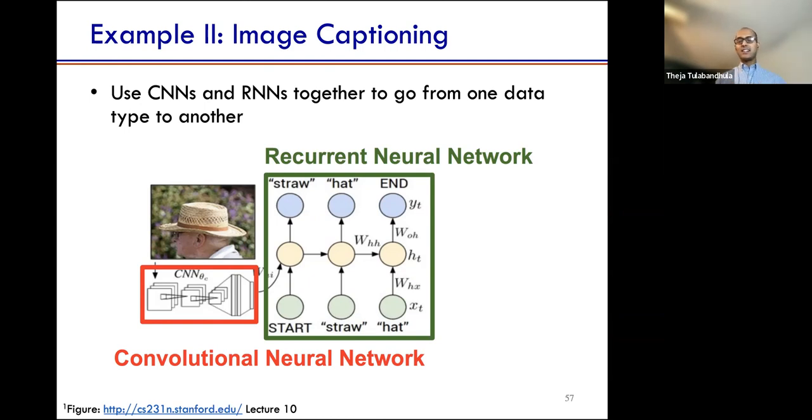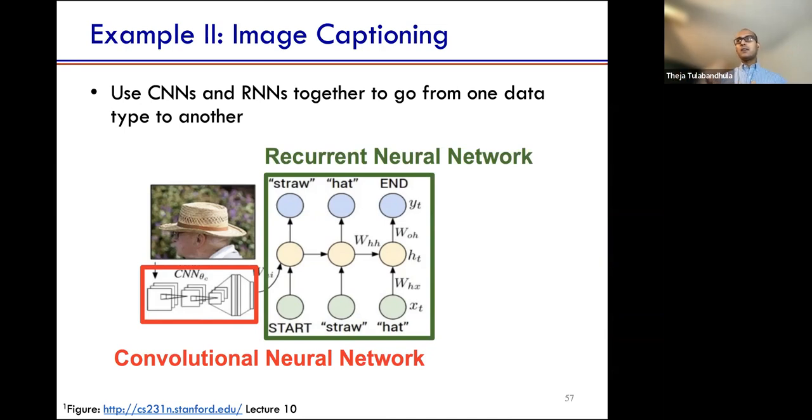Of course, you can vectorize it, but the way we're going to do it is to pass the image to a pre-trained CNN, and then you get an image embedding, and that embedding is the starting point for the RNN to start generating the caption.